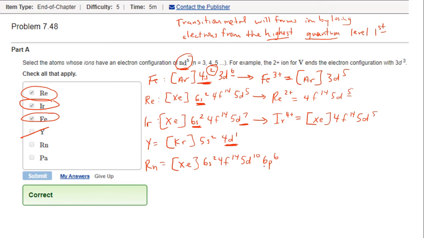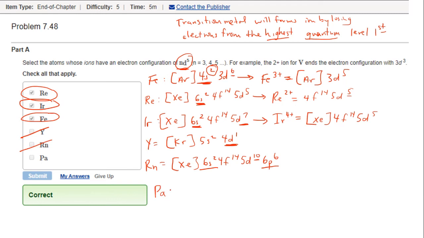And we can see why it'd be really hard for radon to take an oxidation state with nd5, because we need to lose from our highest quantum level first. We'd have to lose 6 electrons here plus 2 electrons here. That's 8 electrons. And then to get to our nd5 configuration, we have to lose 5 more electrons here, for a total of 13 electrons. It's just not going to happen. Radon's not going to give up that many electrons. So again, it can't form an ion with that electron configuration.